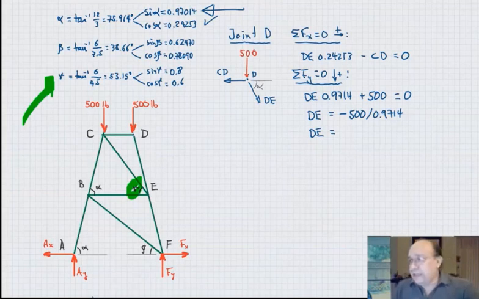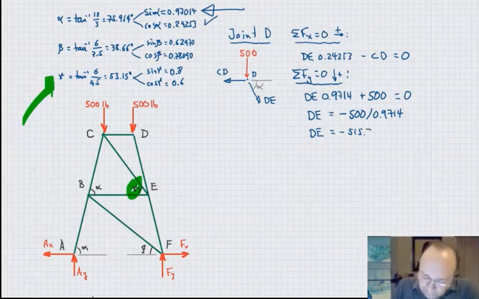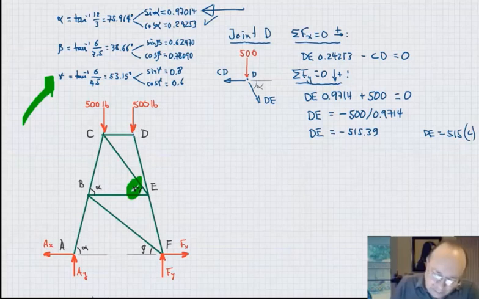Then DE, I got minus 515.39. Perfect. I got a negative number. So DE is equal to 515 compression. And then I come here and put my nice rectangle here.